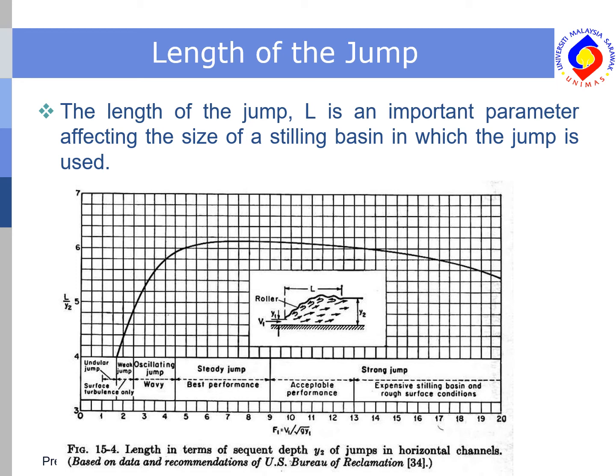Once we manage to calculate this Froude number, we can pull a vertical line to touch the curve, and from there we can read the value of your length divided by y2. So in other words, to find the length of the jump, whatever value that you get on the vertical axis, you have to multiply by y2 or the sequent depth.